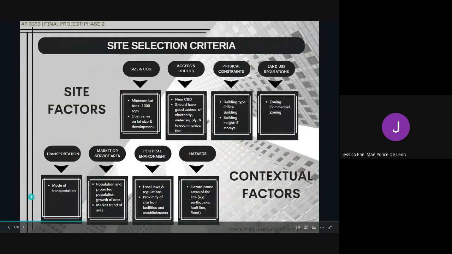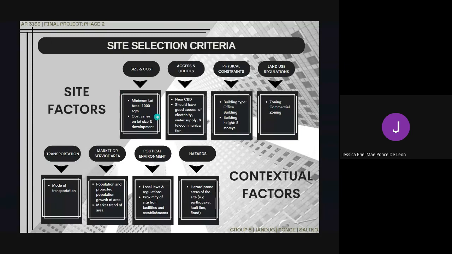These are the factors that we want to consider for site selection. We would consider the size and cost, and the access and utilities: it should be near the CBD and have good access to electricity, water supply, and telecommunications. For the physical constraint, it must be an office building with a height of 5 stories. For land use regulation, it must be under commercial zoning.